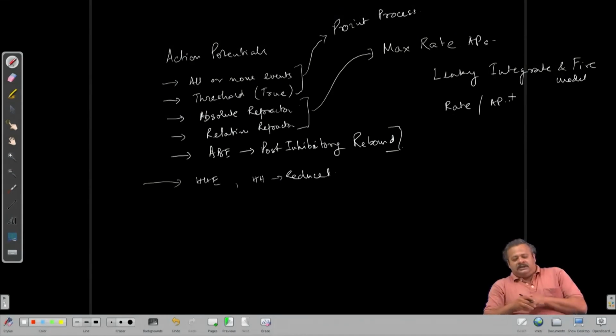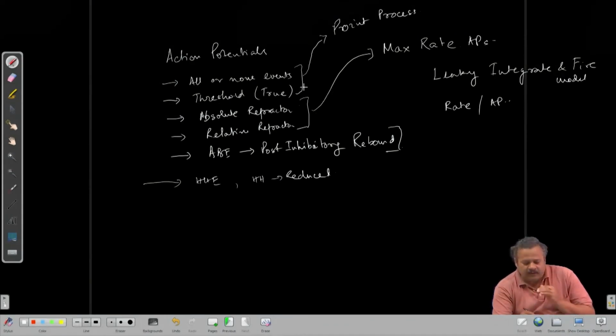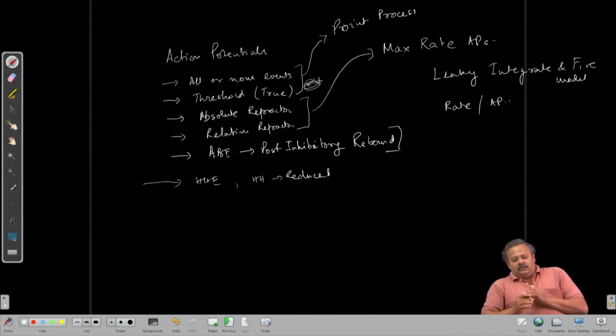So all we need is using this idea of a true threshold that neurons have. We only require to simulate the voltage only up to the threshold point, and beyond that we don't need to consider modeling the voltage waveform, because that requires modeling the ion channels. So if we remove the ion channels in the leaky integrate and fire, we only need to define the threshold and know when an action potential occurs. Because they are all or none events, that is sufficient.